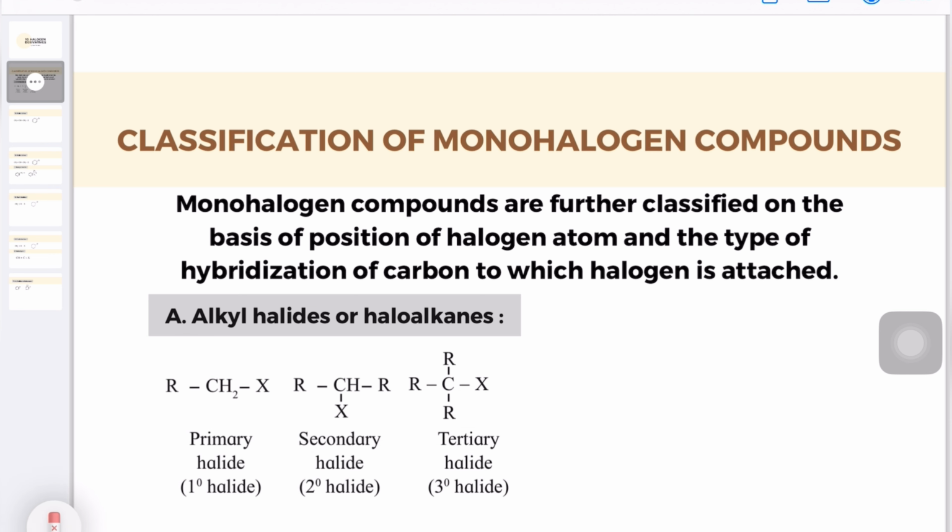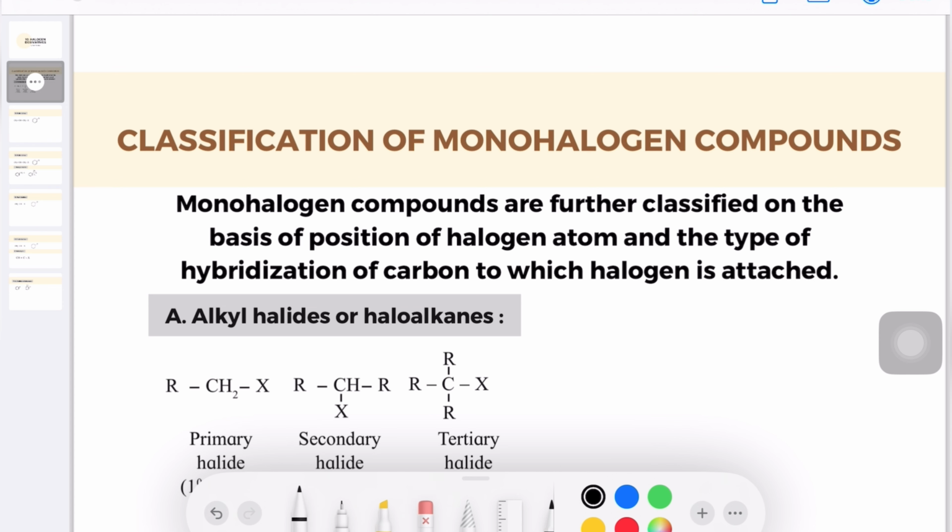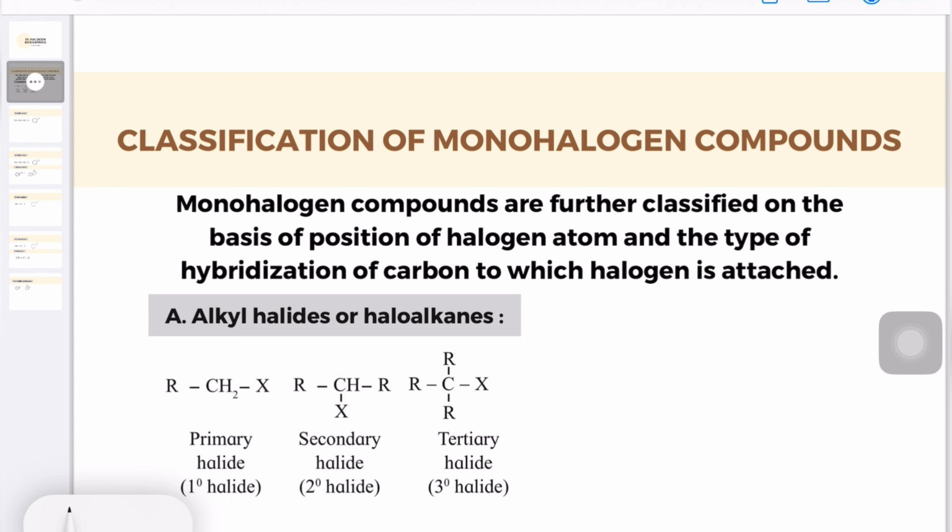Primary, secondary and tertiary halides always contain sp3 hybridization.